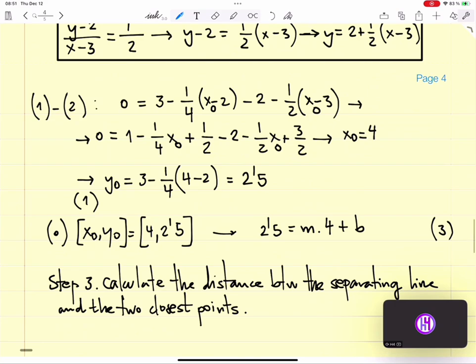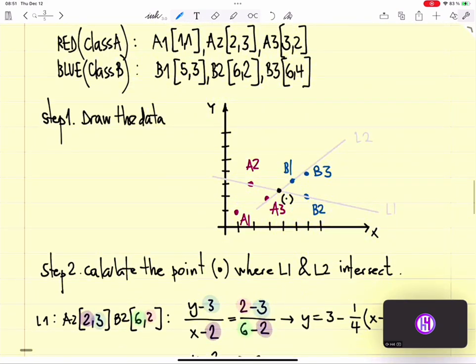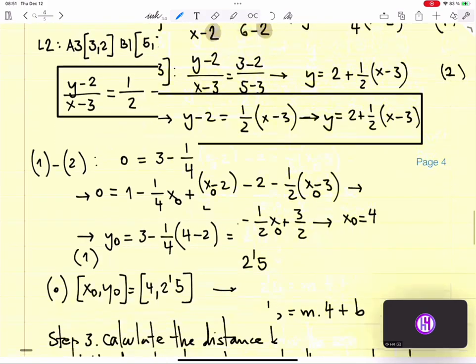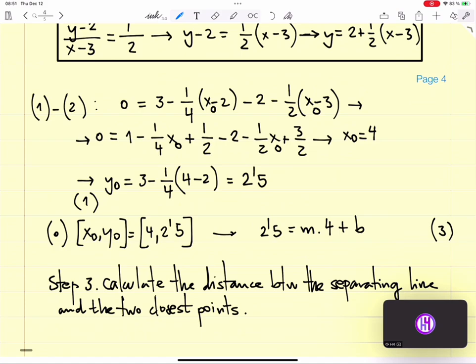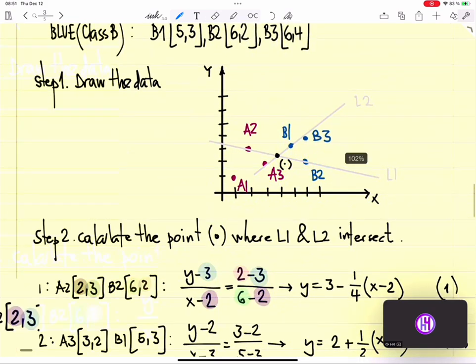Okay, so in reality we would need to calculate all the points, but we only take the closest points, which are A3 and B1. You can see that from the graphic, that's why we paint it.